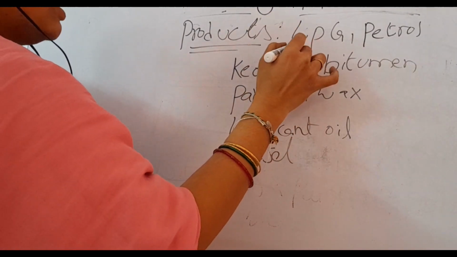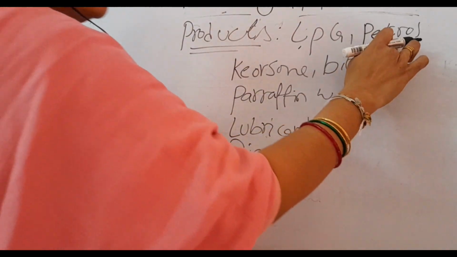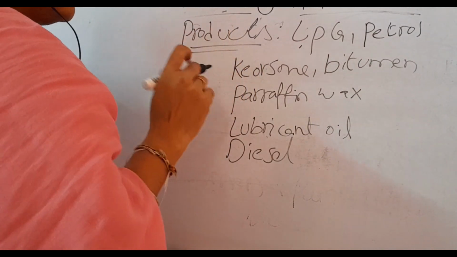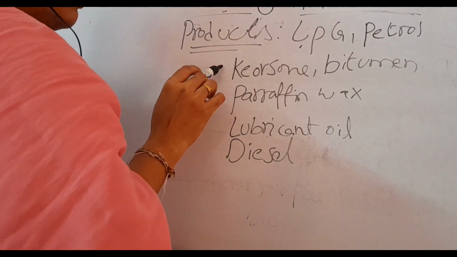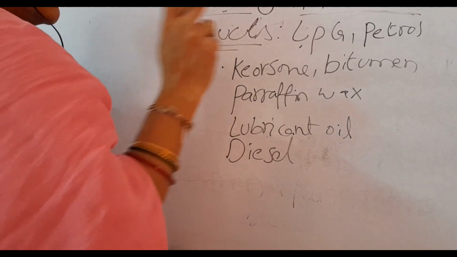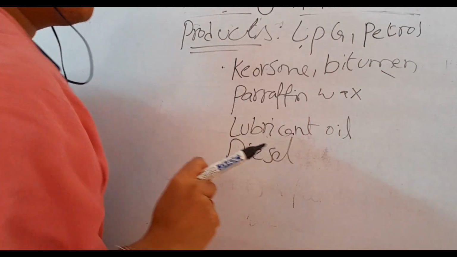In homes and industries. Petrol is used in light vehicles. Kerosene is used for cooking food and in jet aircrafts. Bitumen is used for road surfacing.